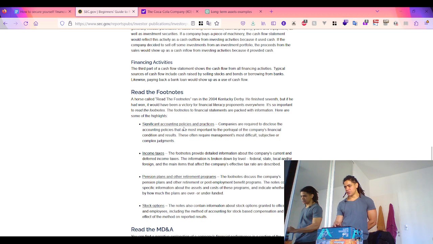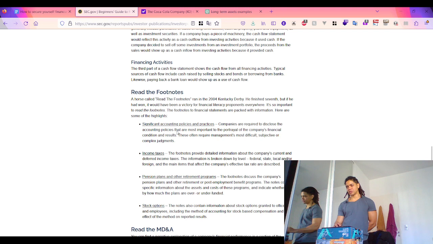So this is significant accounting policy and practice. This is in the footnotes, and here are some highlights. Companies are required to disclose the accounting policies that are most important to the portrayal of company financial condition and results. In any way, the company must be transparent.